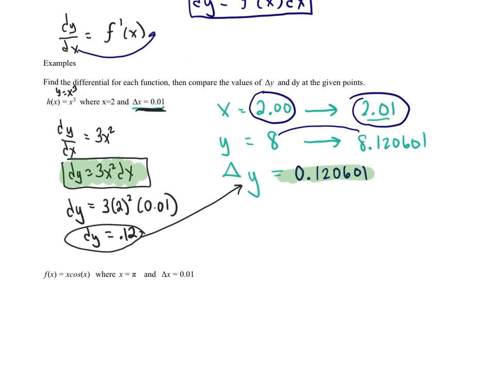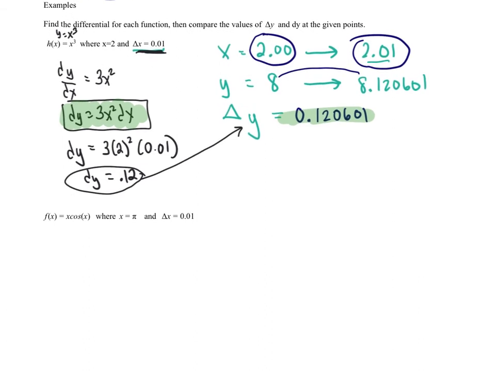Let's look at one more example where we're finding this delta y. So we have f of x equals x cosine x. This one is kind of a harder derivative because it's going to be product rule: f prime g plus g prime f.